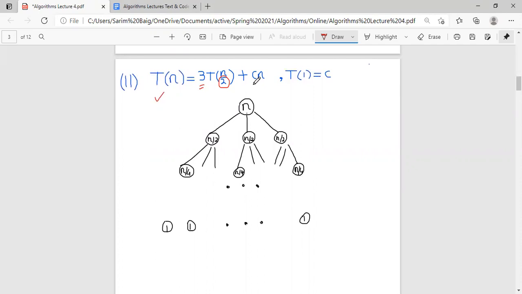And this thing is also the same as in the last recurrence, that we're combining the solutions in linear time. So what is the overall impact of this change of the branching factor on the running time? So again, we will go through the systematic analysis of this recurrence and see what happens to the overall running time.